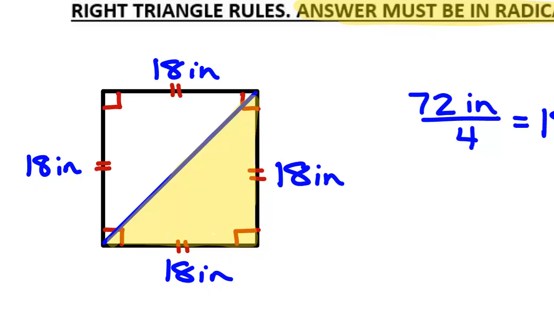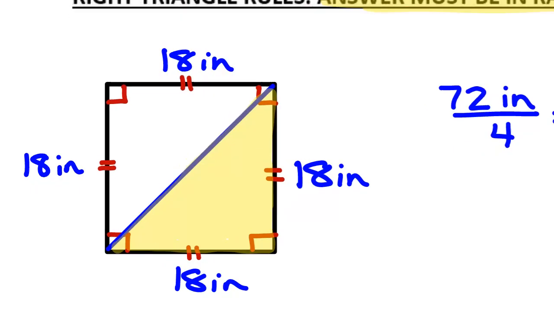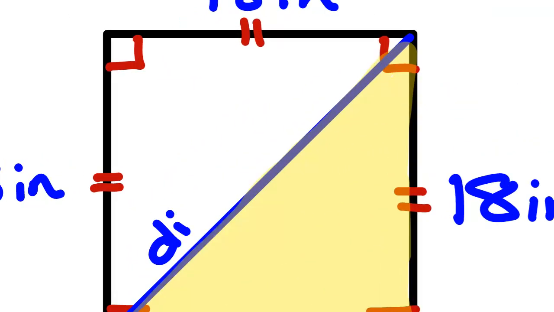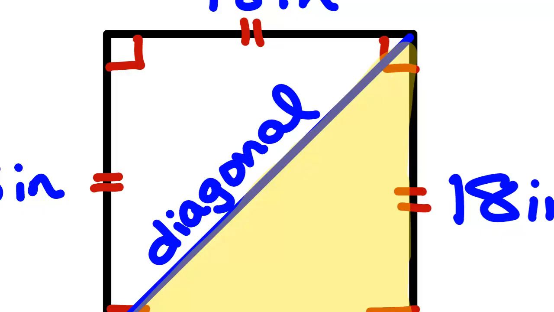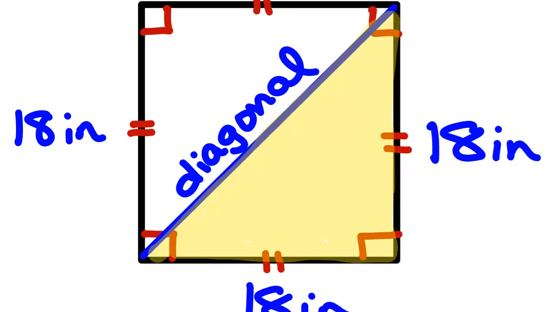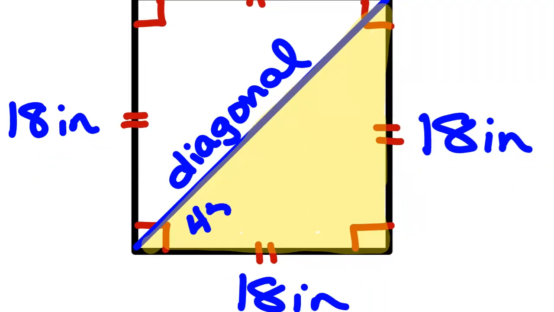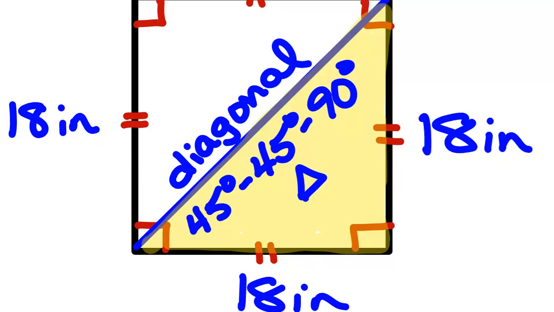There's a 90-degree angle, and these 2 90-degree angles got cut in half. What's half of a 90-degree angle? 45. So that means this yellow triangle right here is a 45, 45, 90 triangle.